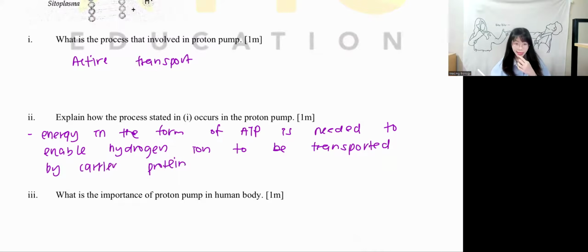If you need one more sentence, you can say accumulation of hydrogen ion causes your stomach to be acidic, but you can write that as the importance.